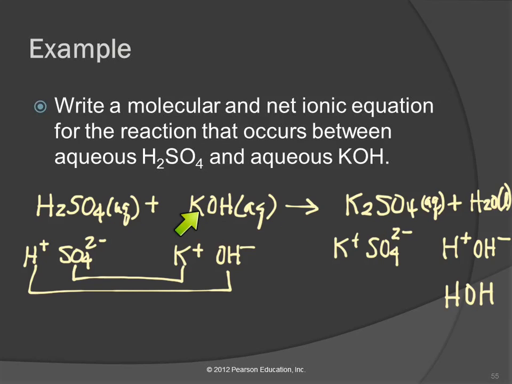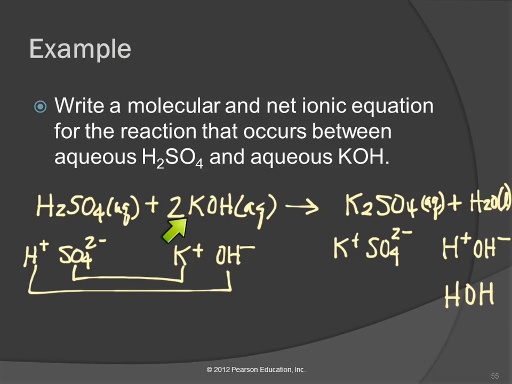And then let's look at this potassium. There's one there and there's two here. So we should put a 2 over there. Now let's check out what happened with the hydrogen ions and the hydroxide ions. From this compound, we got 2 hydrogen ions, right? H2.